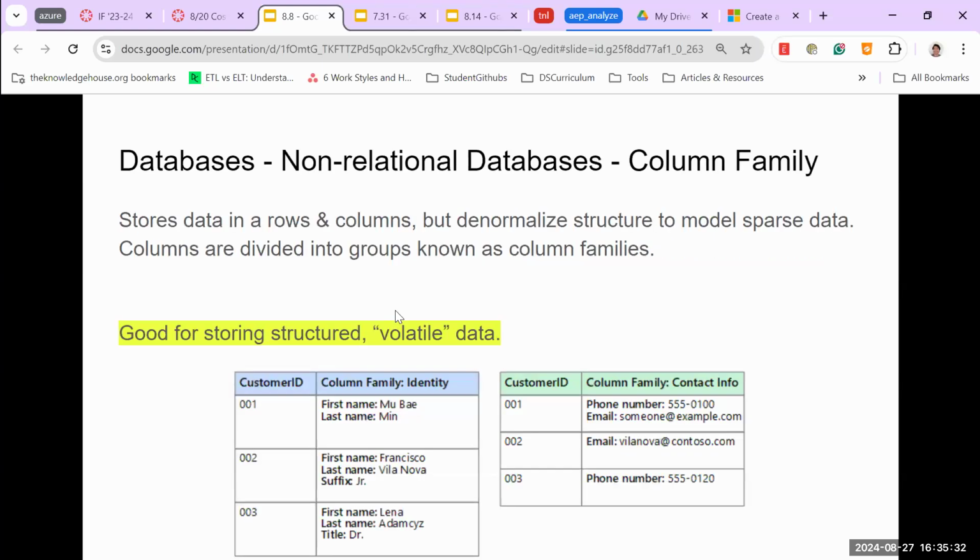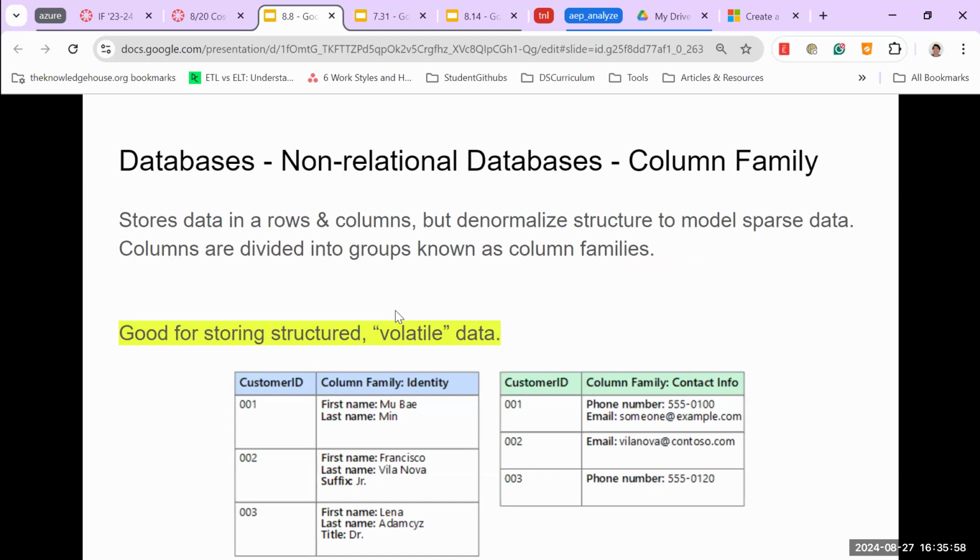Now, let's go back to talking about column families in Cosmos DB, or rather in Apache Cassandra. So a column family table stores data in rows and columns, just like a relational database would. However, it is highly denormalized, and we denormalize this table in order to model super sparse data.